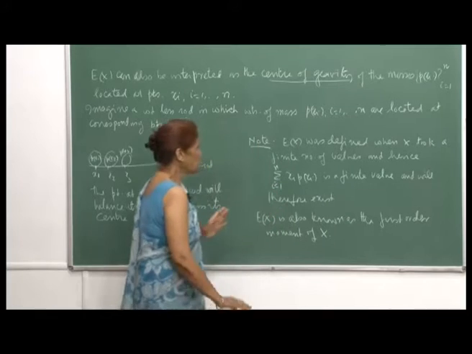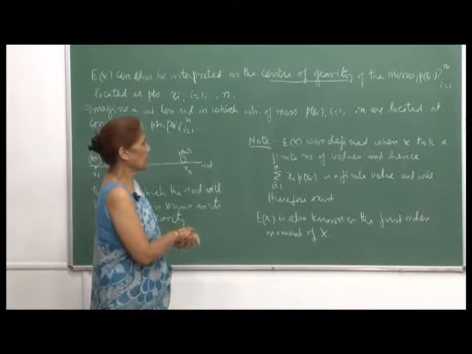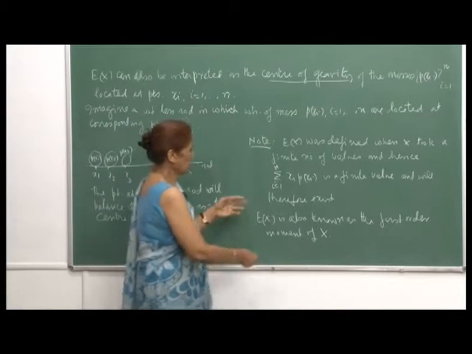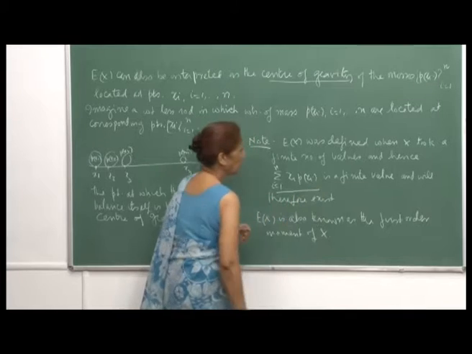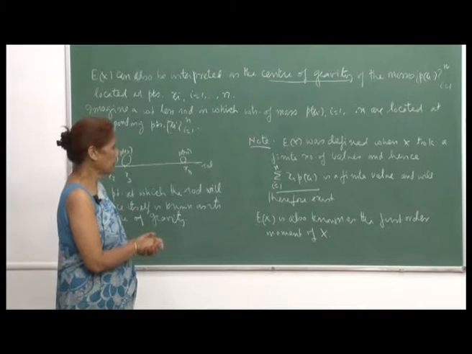Note that when I defined E(X), I said that X takes a finite number of values, and hence this quantity is finite, and therefore it is defined, therefore it exists. Wherever there are different cases, I will discuss them as we arrive.